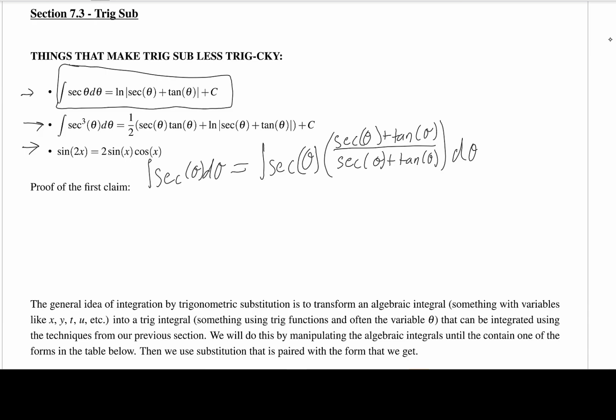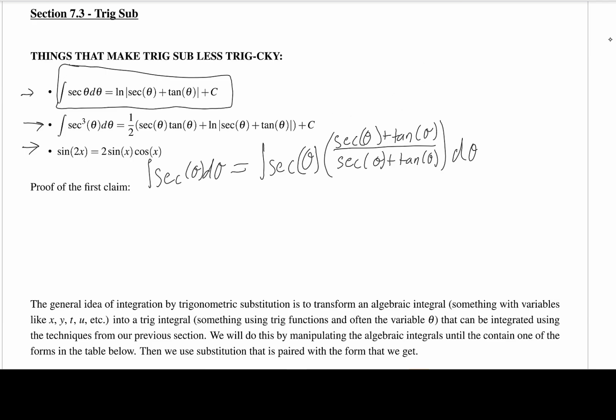I just need to make sure that all of these are defined. Secant theta is 1 over cosine theta, which has to be defined because this is defined. And tan theta is sine theta over cosine theta. The only thing that would give me an issue there is if cosine was 0, but it can't be because we already said that this was going to be defined. So what I've just multiplied by here is going to be okay.